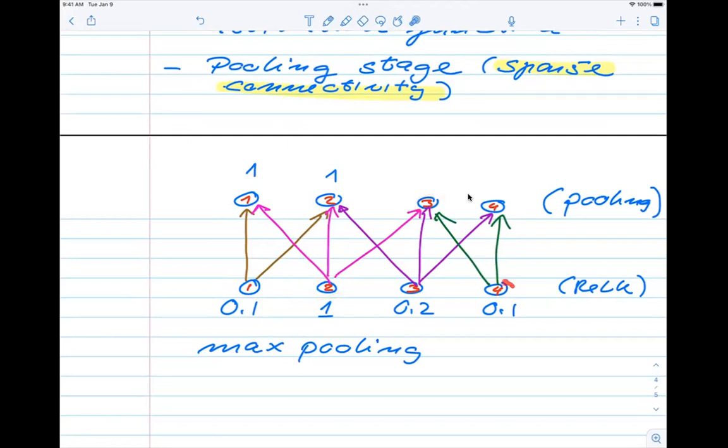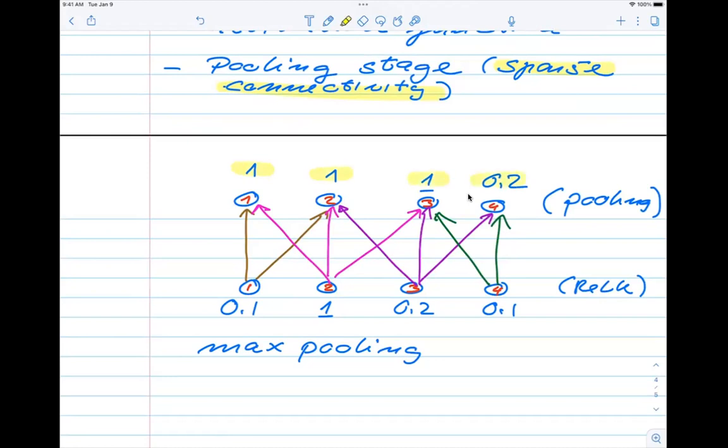This node receives 0.1, 0.2, so it takes the maximum value. So this also produces 1. And then the final node produces 0.2 here, because we are feeding in 0.2 and 0.1. So the values which you see here now are the maximum values.